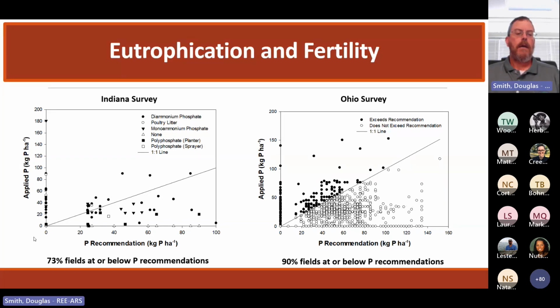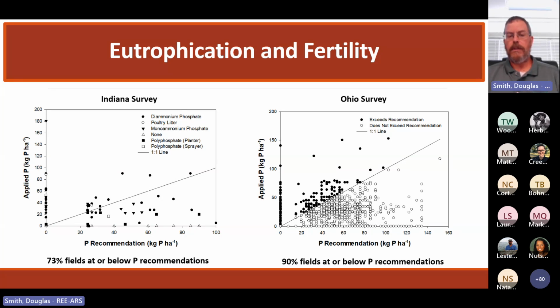You can see that 73% of these fields had phosphorus applied at or below the phosphorus recommendations. I worked with some colleagues at Ohio State University, and they did a survey of farmers in their region of Lake Erie.